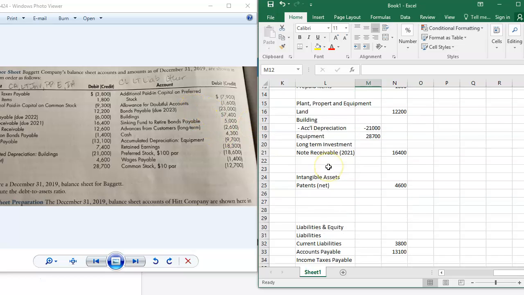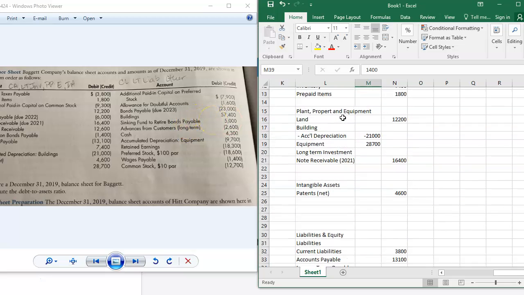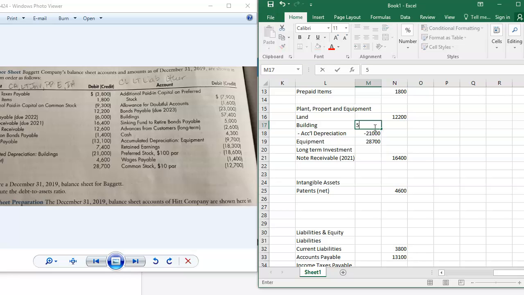All right, bonds payable are 23. That's a long-term liability. So here's my bonds payable are 23,000. Buildings are 57,400. Sinking fund to retire bonds payable.